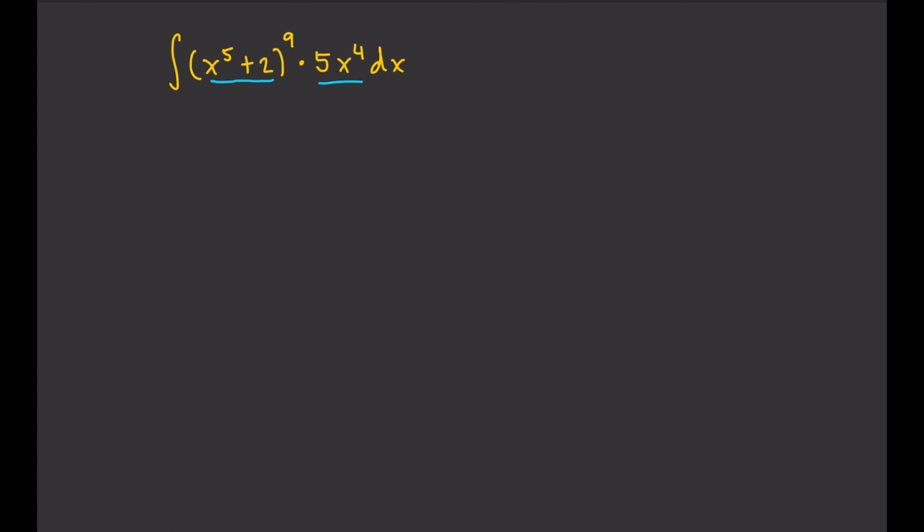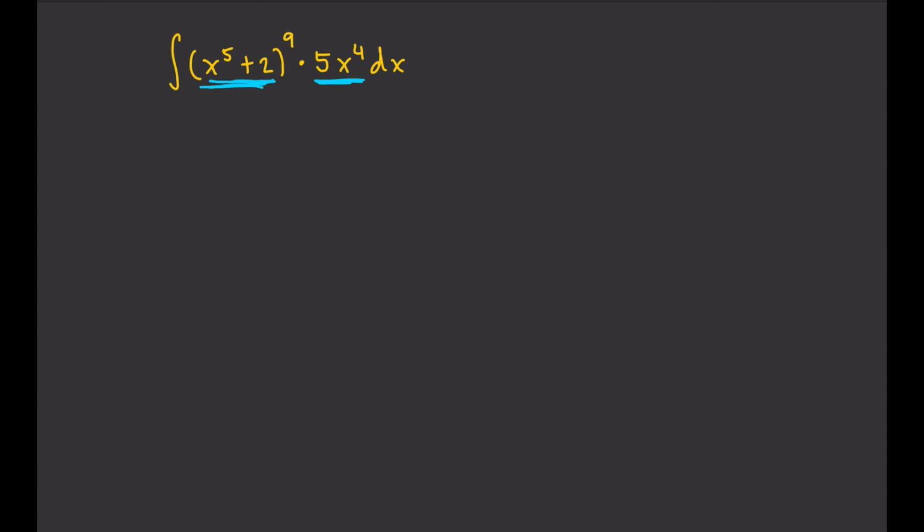Now the thing is that if we find the derivative of x to the fifth plus 2, what you'll get is 5x to the fourth. And that is not a coincidence. We literally set it up. We set this function up so that we can use u-substitution, okay?